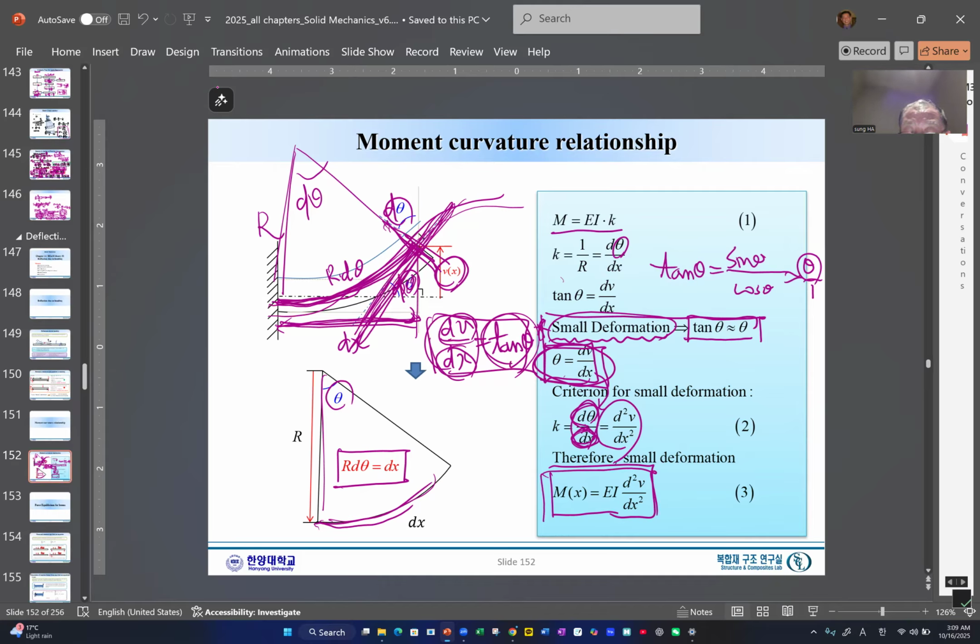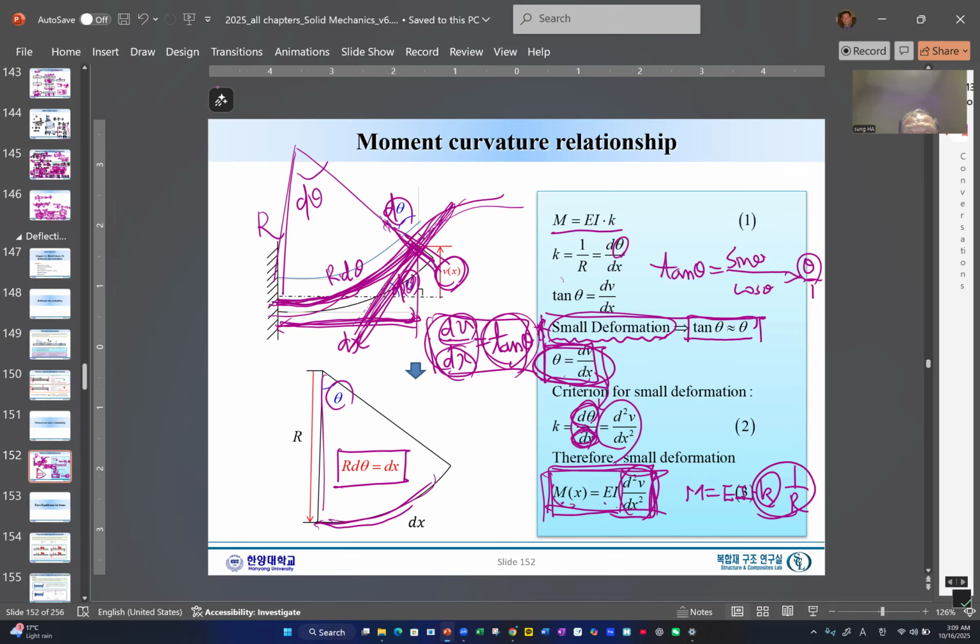Okay, so I'm going to write here moment equals EI curvature, or 1 over R. Now this is given as the second derivative of the deflection. Well, easy to remember: moment equals EI times the second derivative. This is the one you need to remember and understand.